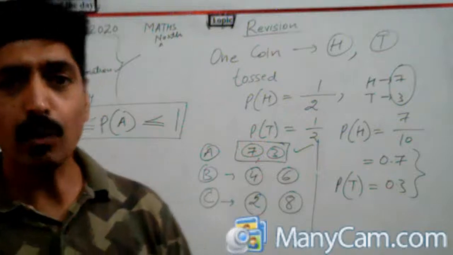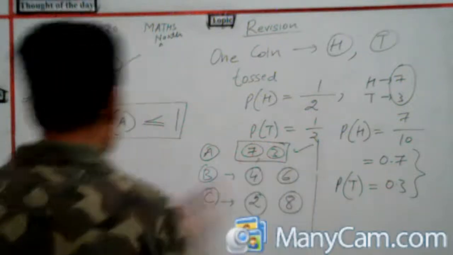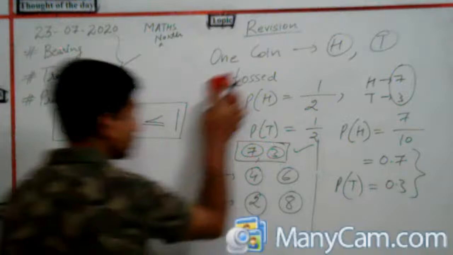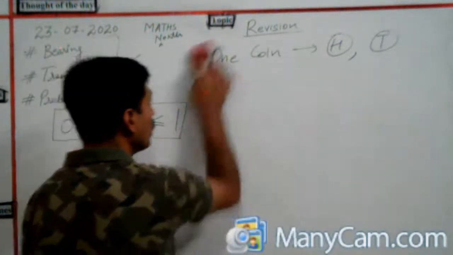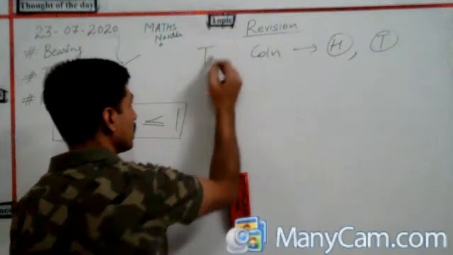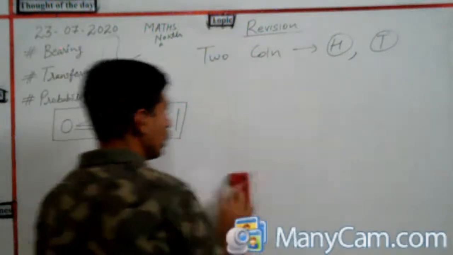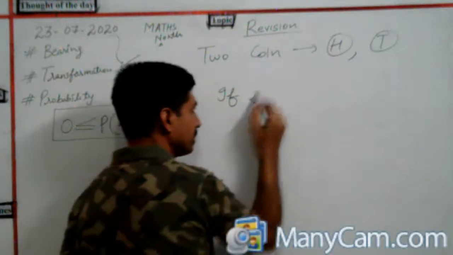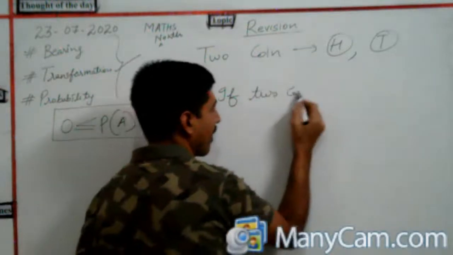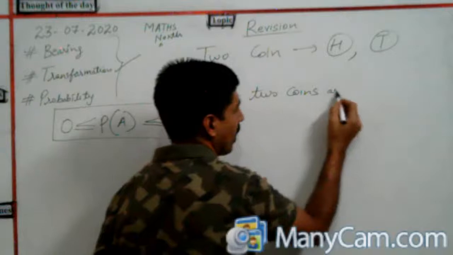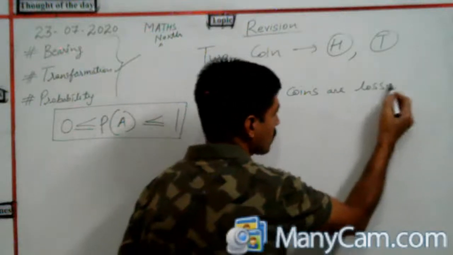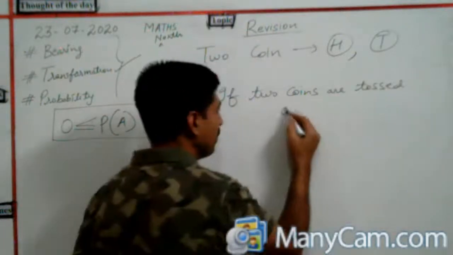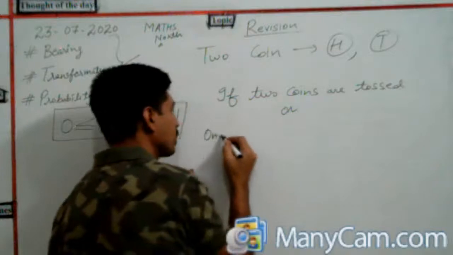Right? Now I am going for when 2 coins are tossed. Now if 2 coins are tossed, please note down, or the statement will be one coin is tossed twice.